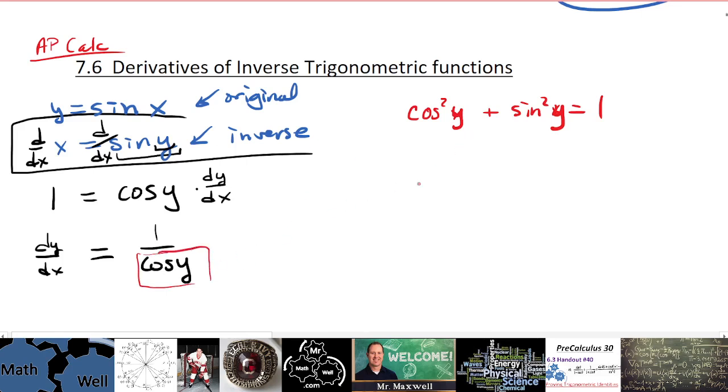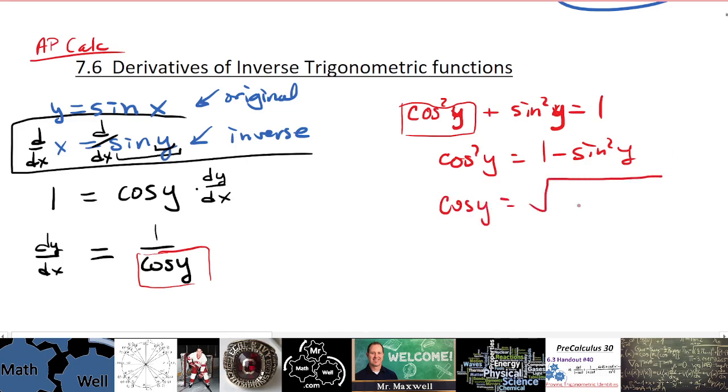Now I'm going to try and find out what cos y really is here. So I'm going to isolate for cos y. I'm going to go cos squared y equals 1 minus sine squared y. I'm going to take the square root of both sides to find what cos y is. I cannot get rid of this squared by taking the square root of just part of it; I have to take the square root of the whole side. We're close, except I still have a y over here.